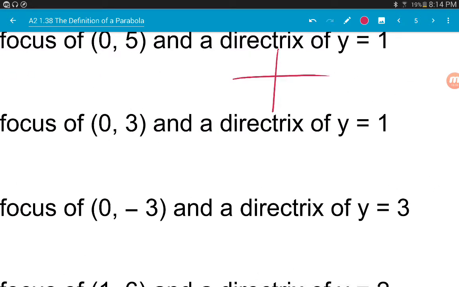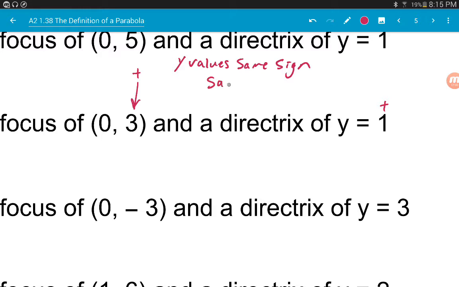If I had a graph, 0, 3 would be up here. Okay, so this is a positive y. This y equals 1 is also a positive y. So since they're both positive, the y values are the same sign, that means they're on the same side.